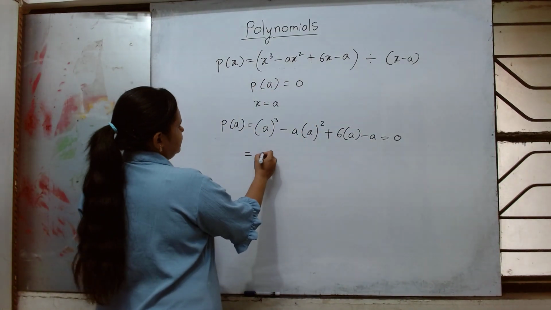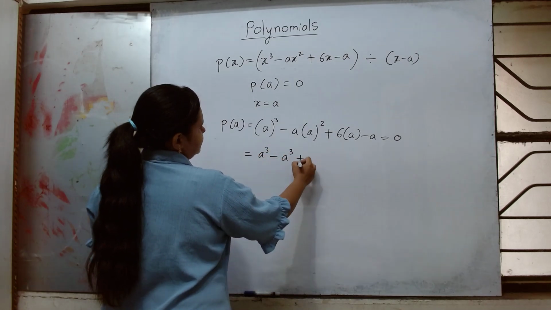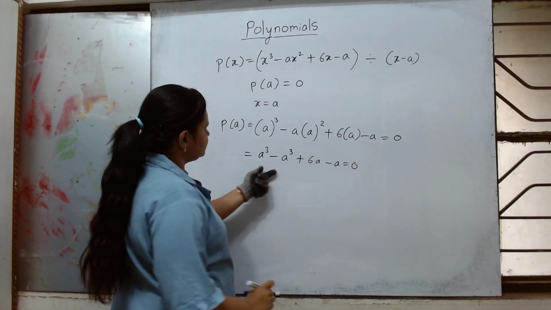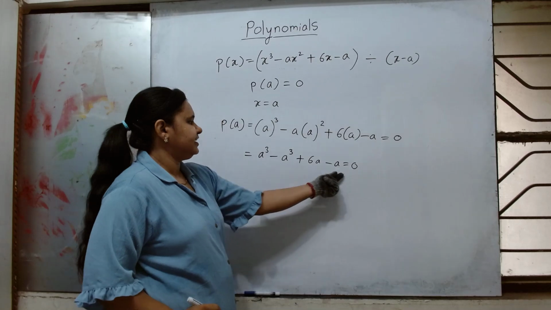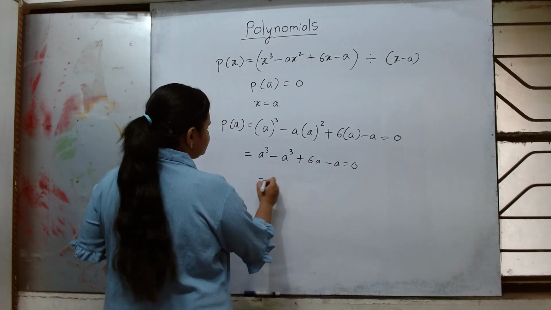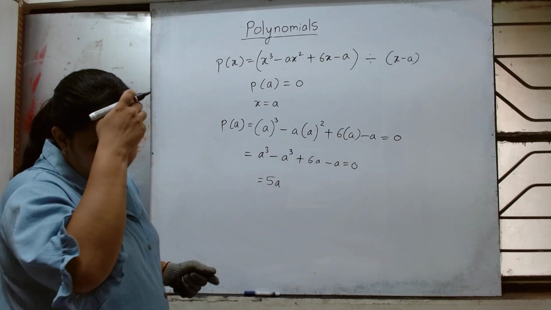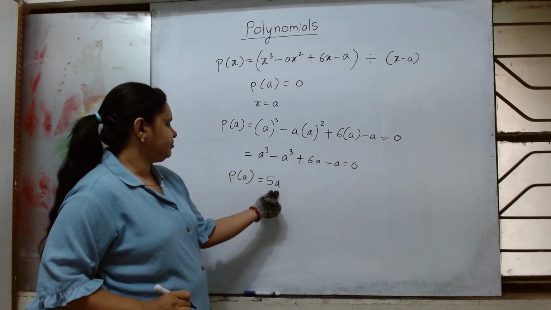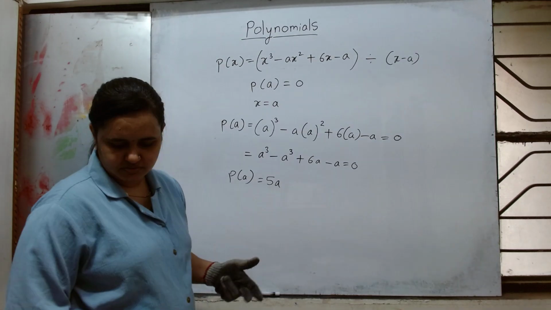So a cube minus a cube plus 6a minus a is equal to 0. So a cube minus a cube will be 0. 6a minus a is equal to 5a. So p of a will be 5a. Remainder is 5a. So the option is third one, 5a.